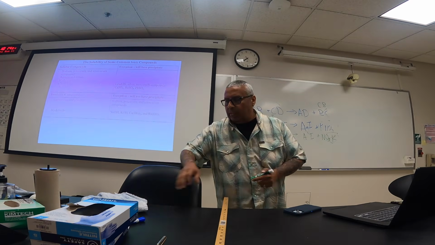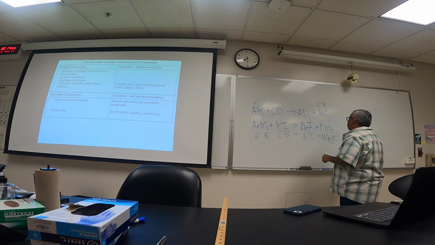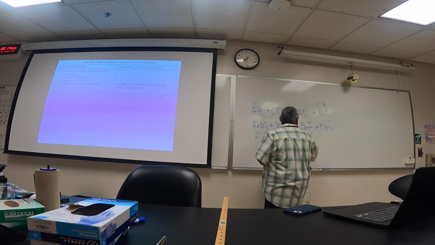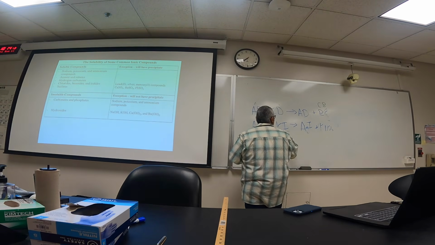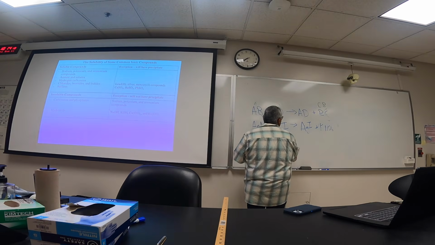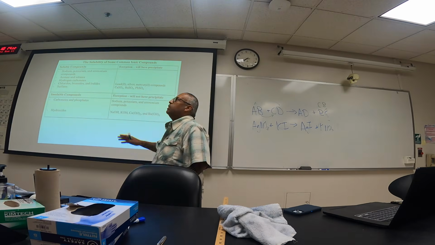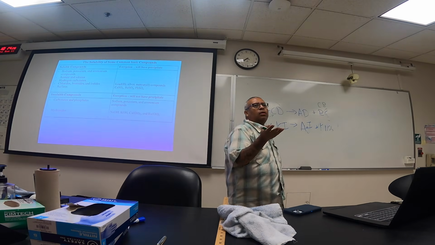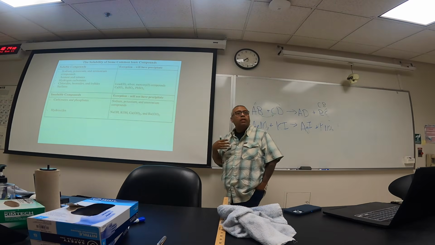When we're looking at solutions, in this particular case, let me erase this bottom one here. When we're writing these reactions, we have to determine which substances are going to be aqueous, which ones are going to be gas, which ones are going to be solid.